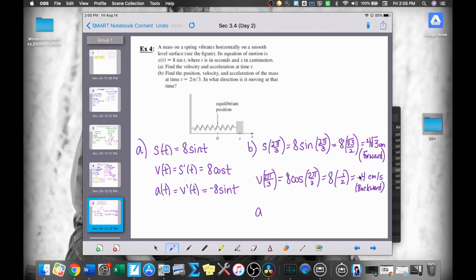And then finally, acceleration at 2 pi over 3 seconds is going to be -8 times the sine of 2 pi over 3, which is going to be -8 times the square root of 3 over 2, which gives me an acceleration of -4 square roots of 3. And the units on acceleration are centimeters per second squared. So again, I know that it's going to be moving backwards.